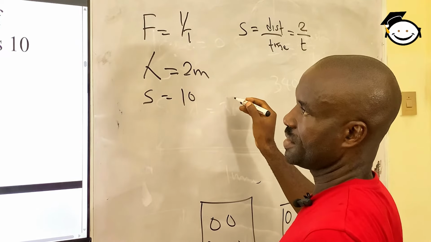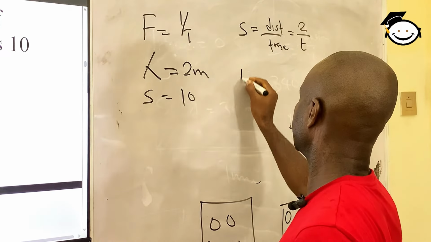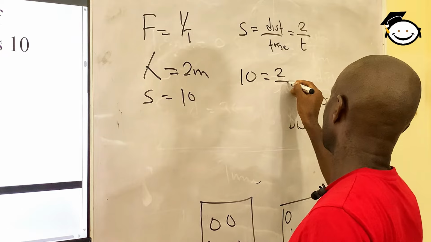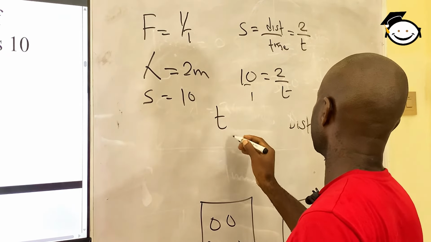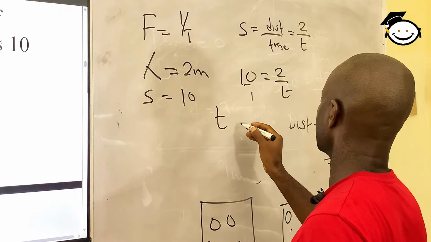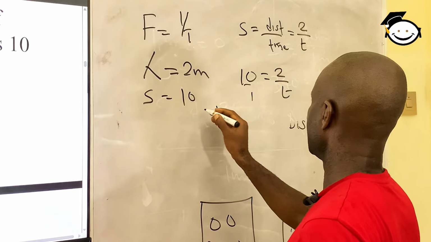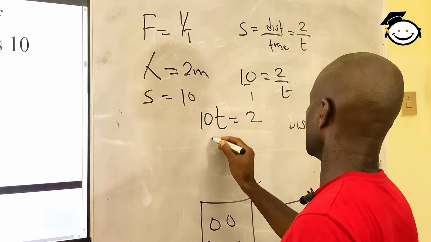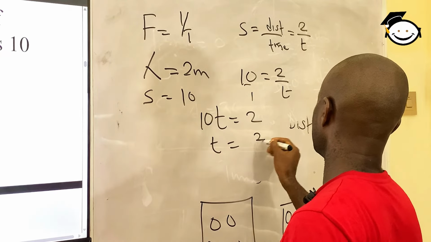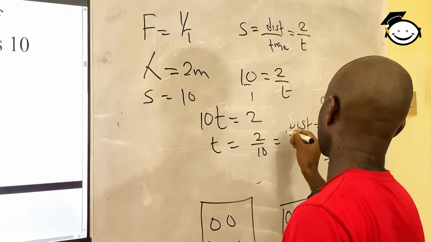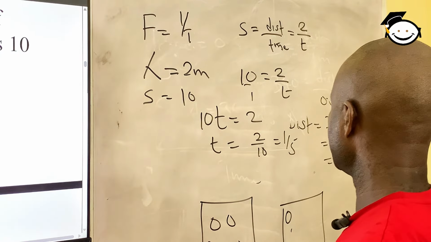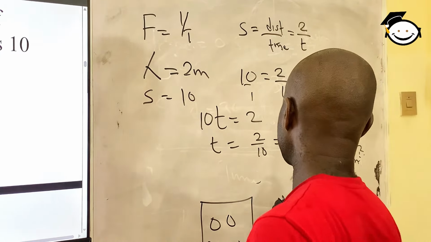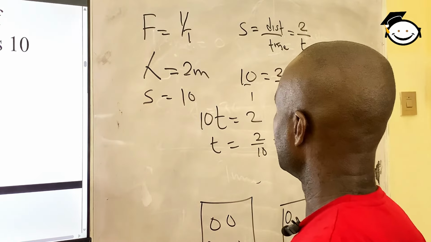So speed is given as 10 equals 2 over t. Cross multiply: 10t equals 2, therefore t equals 2 over 10, which is 1 over 5. That's time. So t gives us 1 over 5 seconds.